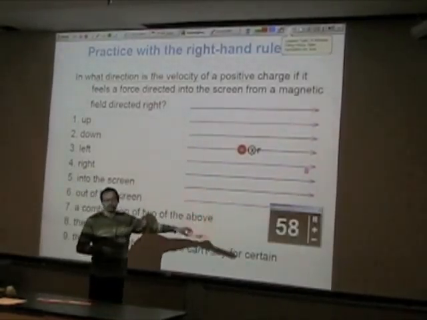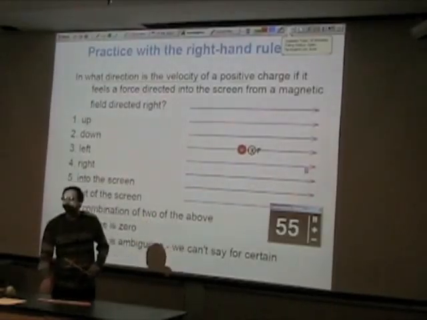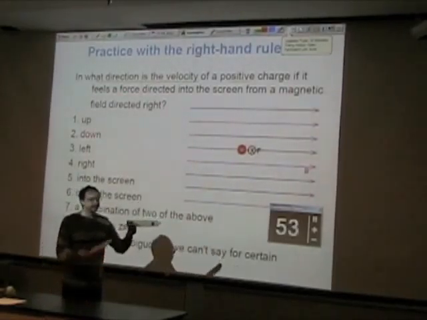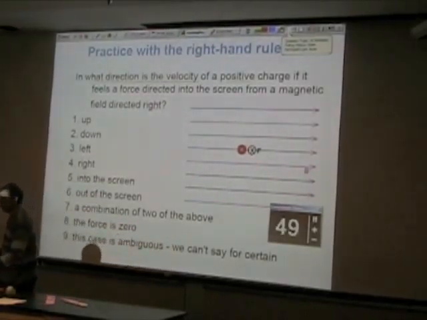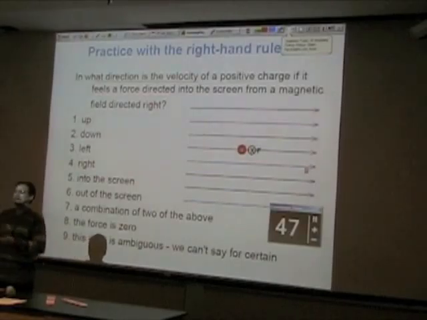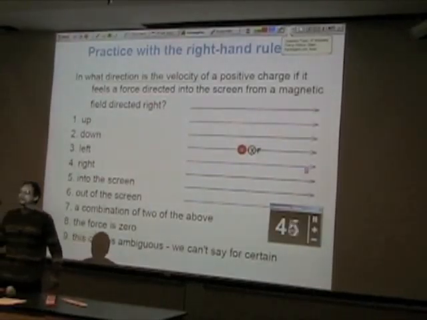And these arrows represent the magnetic field. So, force, field. Something like that. When we talk about velocity, force, field, we always keep in mind this kind of a situation.